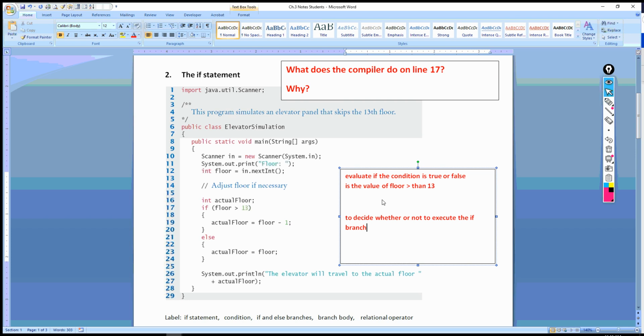All right, that's the reason why. So if it chooses not to execute, then it goes on to the else and executes that. All right, so these are things that I will ask you many times. All right, this is all that we'll do as far as this video goes. And so we're done with that.